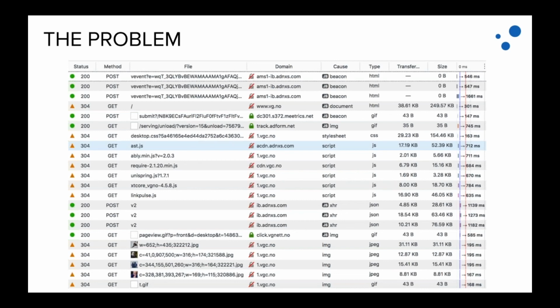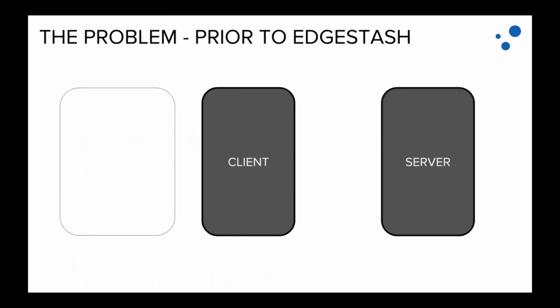That's because the browser needs the templating, and the browser will request the JavaScript library, a JSON file, a few other images, and when it finally has everything in place, it will render the page to the user. So it obviously requires a few round trips and a little bit of bandwidth.